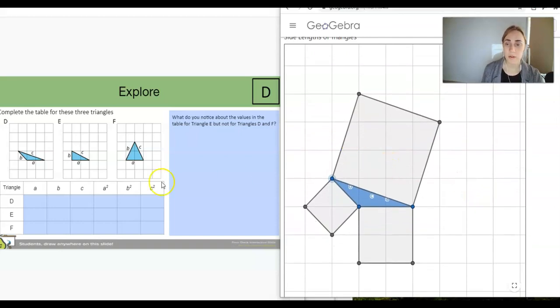And then think about the question that you're being asked, right? You need to figure out the side lengths for A, B, and C, and A squared, B squared, and C squared. So using the grid might help you come up with those values. Again, you don't have to use the applet, but just in case, it's helpful.